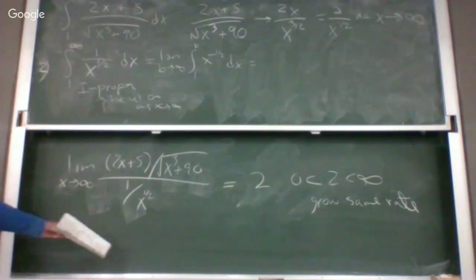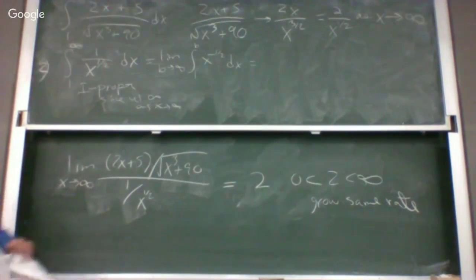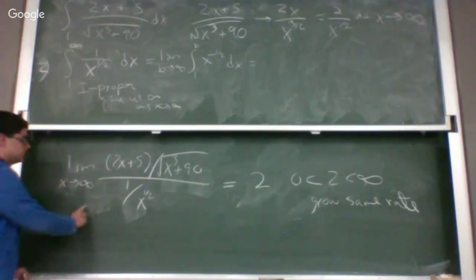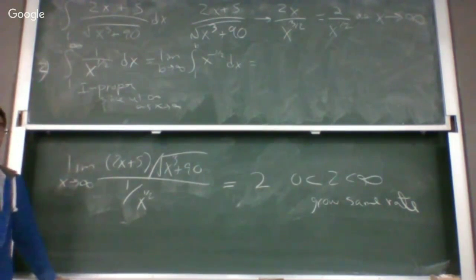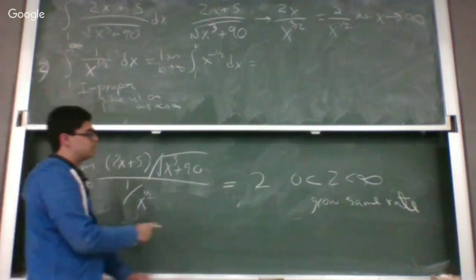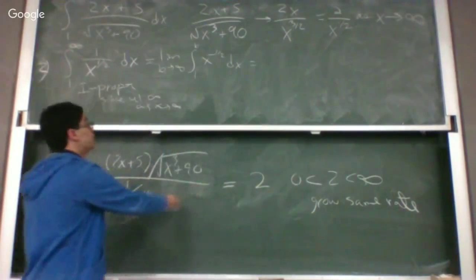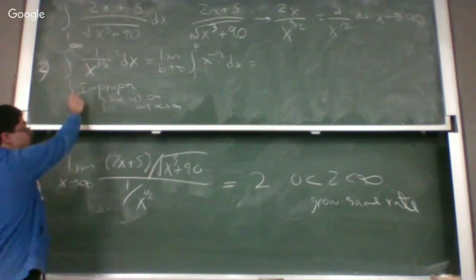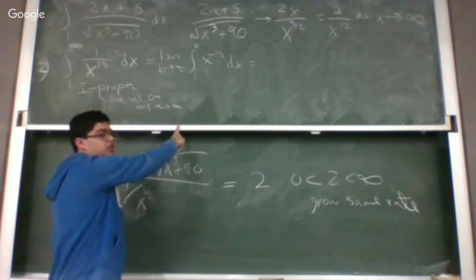If you solve it out. Any questions on this? Why do you have to do that? Why can't you just go on and evaluate it? Remember those problems where we were trying to see whether it grows at the same rate, slower, or faster? We do this to know that g of x grows at the same rate, okay? So once we know it grows at the same rate, we can find the integral of g of x to see whether it diverges or converges.